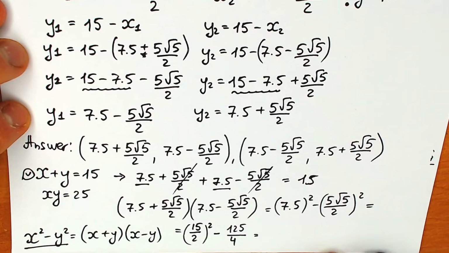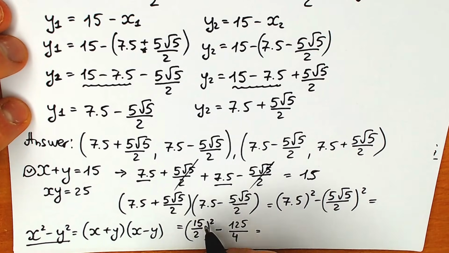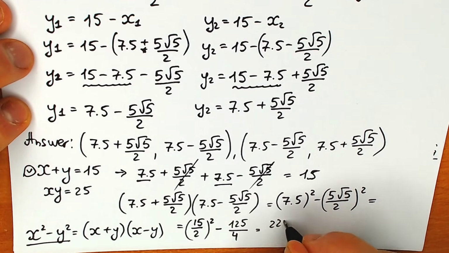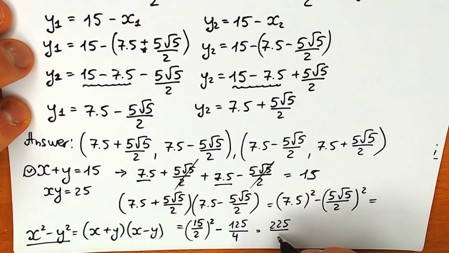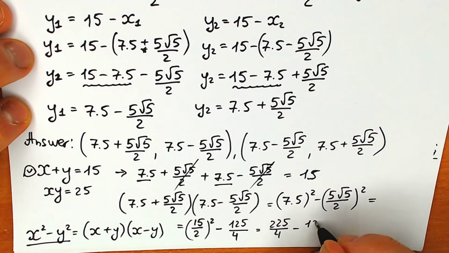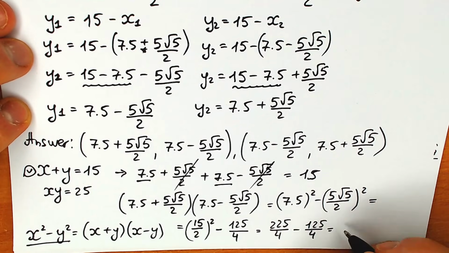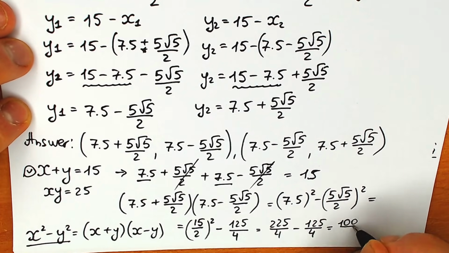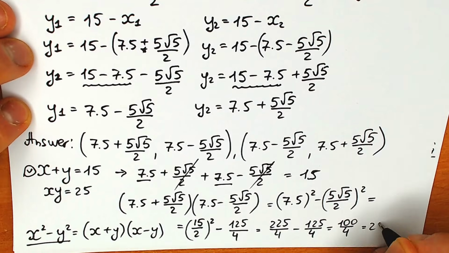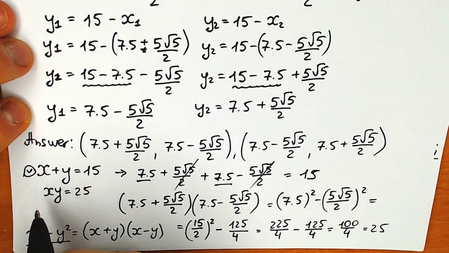So as a result, our final move: 15 squared, 225, over 4, minus 125 over 4, and as a result we have absolutely the same denominator, so we can easily subtract our numerators. So we have 100 over 4 equal to 25.